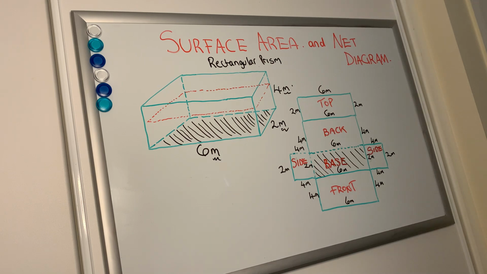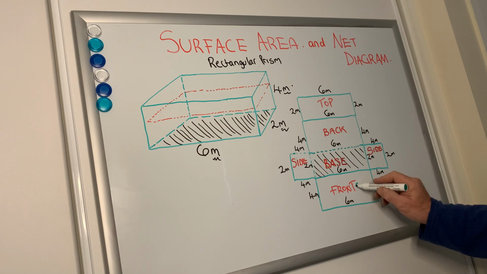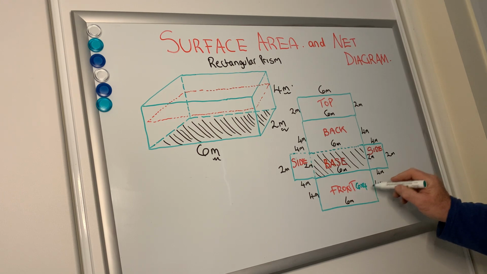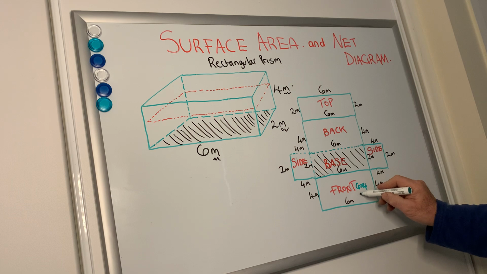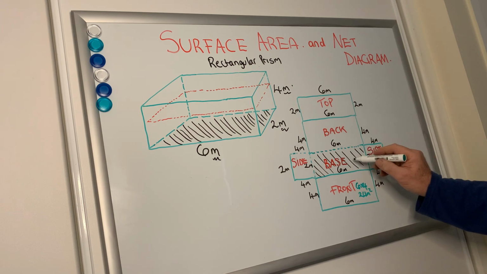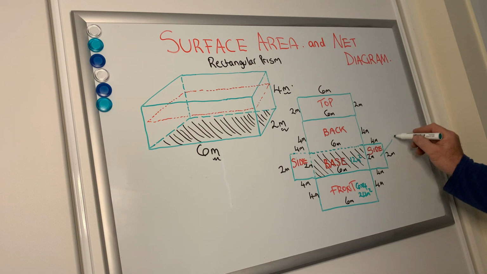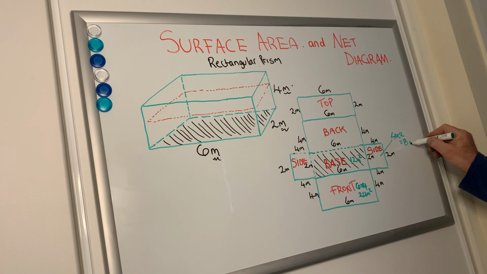So in terms of finding surface area, if you find that it might be easier, you can actually say that this is 6 times 4 meters, which is 24 square meters. This is 6 times 2, which is 12 square meters. This is 4 times 2, which is equal to 8 square meters.